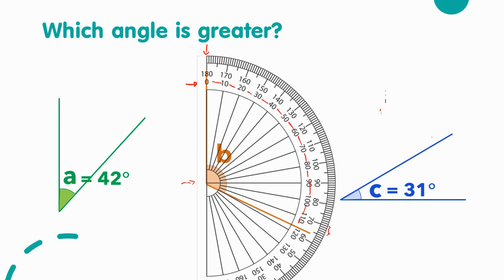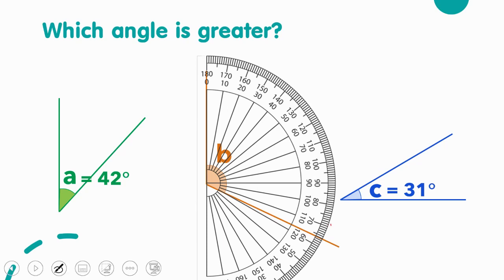You have to read it from the outer scale. However, in this case, you see that the line is not long enough, and hence it's a bit difficult for you to read from the outer scale. Therefore, what you can do is extend the line of your angle. You can draw the line longer using your ruler. Make sure the line is straight, and hence you are able to read now.